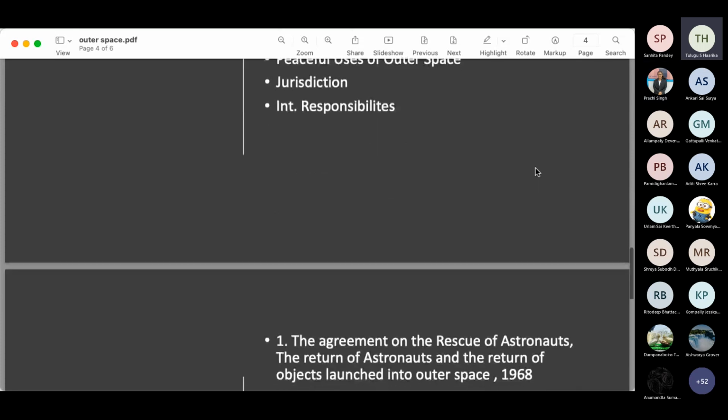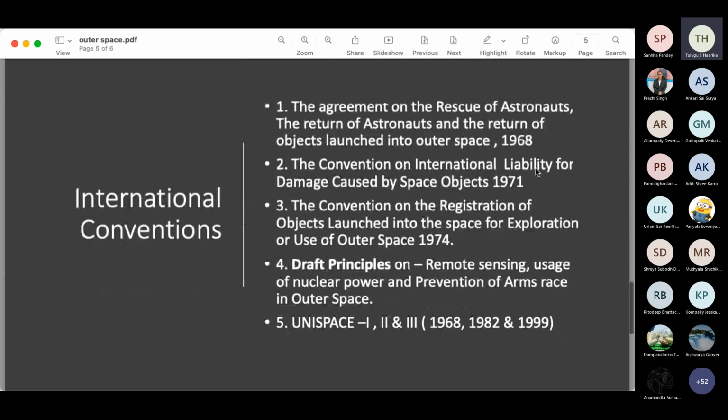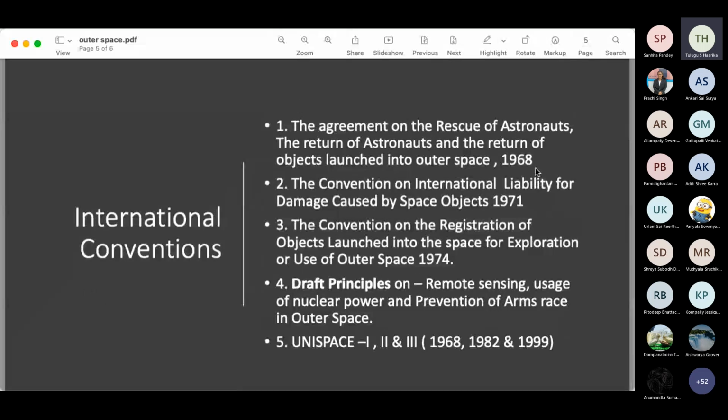So after this, right away in 1968, there was a definition of an astronaut, and they tried to incorporate the astronaut as an envoy, to assist the astronaut when a person was sent into space as an envoy.